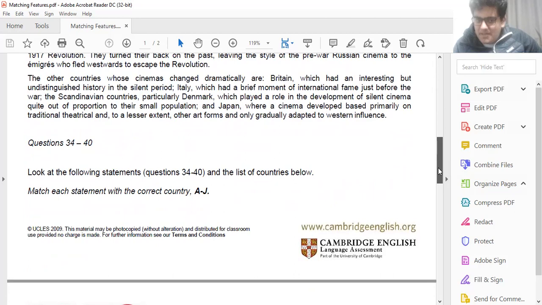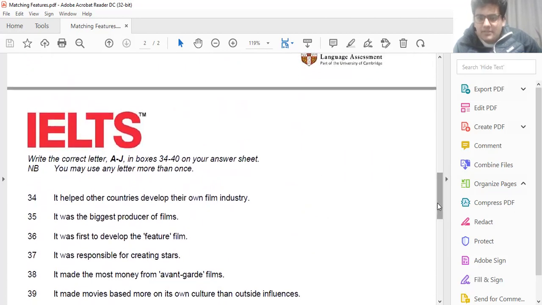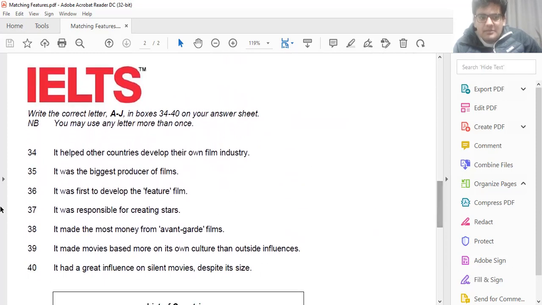Match each statement with the correct country A to J. So these are the questions 34, 35, 36, 37, 38, 39, 40. In total, we have to answer 7 questions. Now, they say write the correct letter A to J in boxes 34 to 40 on your answer sheet.